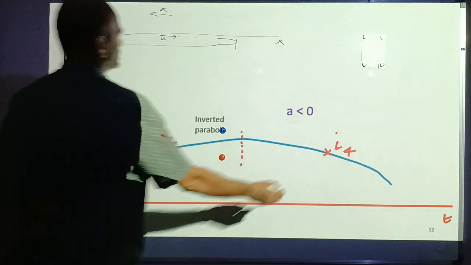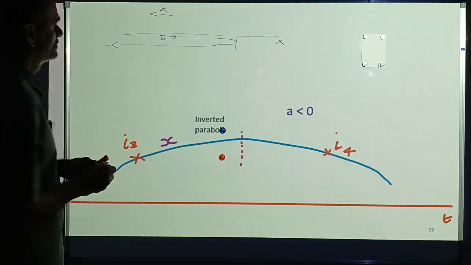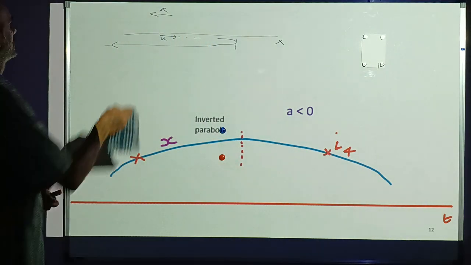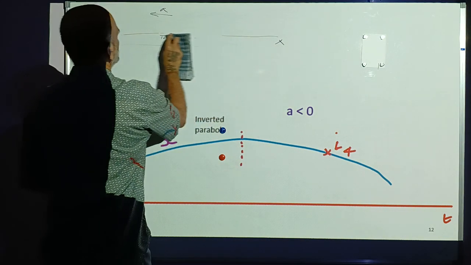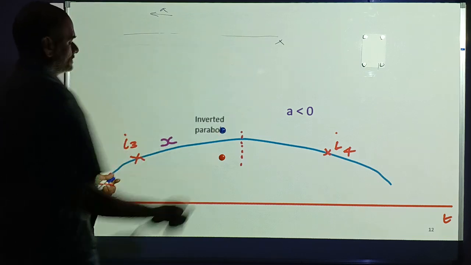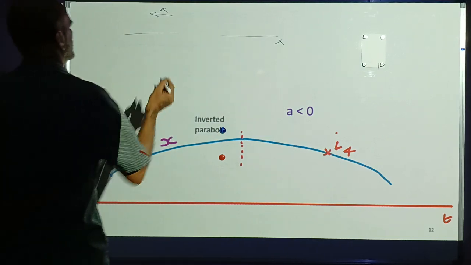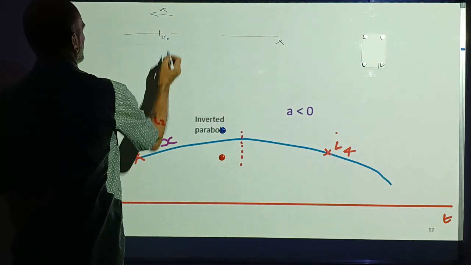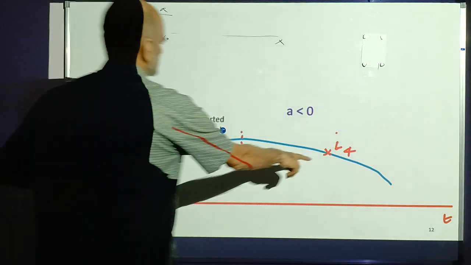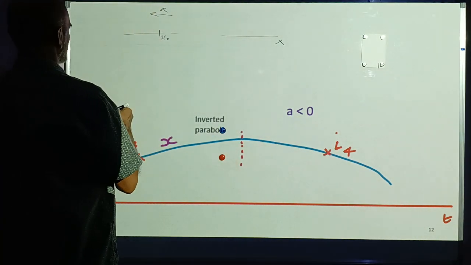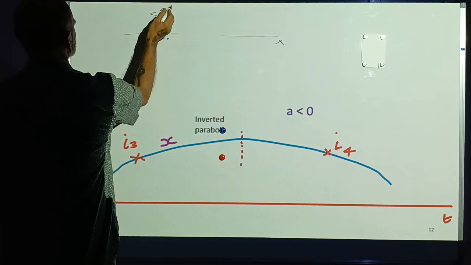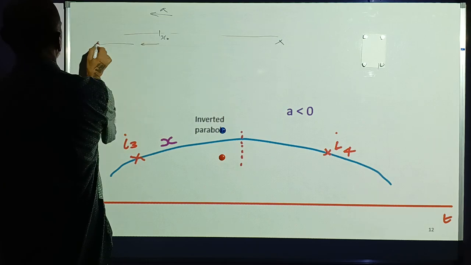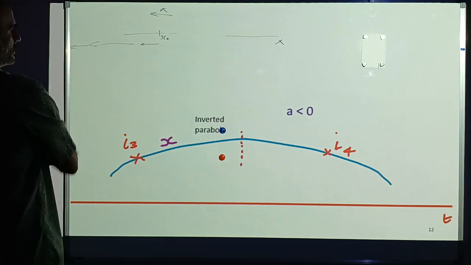Another possibility is that the initial velocity is negative. So this is the initial location x naught, but the initial velocity here is negative. That means it's going like this. If it goes like this, the acceleration is the same way, so it will keep on increasing in magnitude.